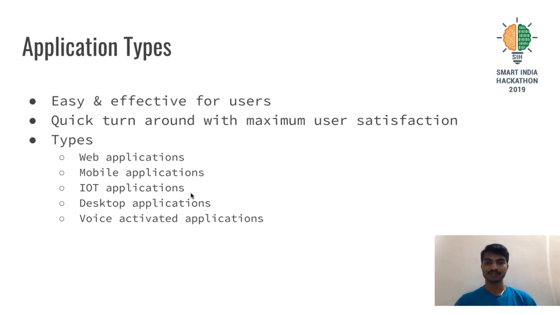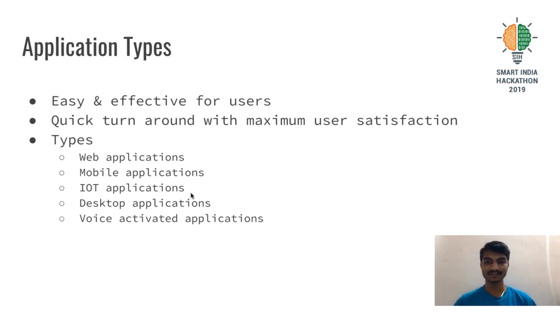So what are the things which we need to consider? It should be easy and effective for the users, and it should solve the purpose from where the original problem arose. Another important thing is quick turnaround time, because most of the time the applications need to be delivered and tested with the real users.